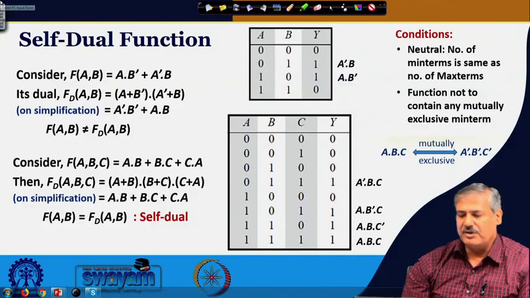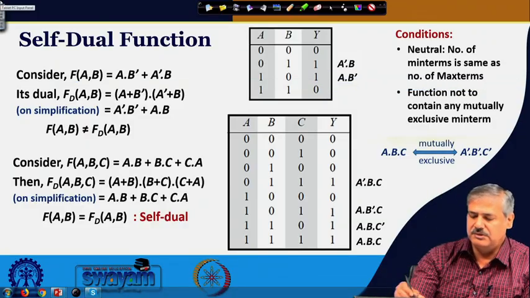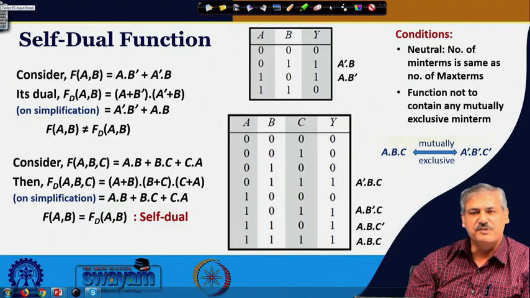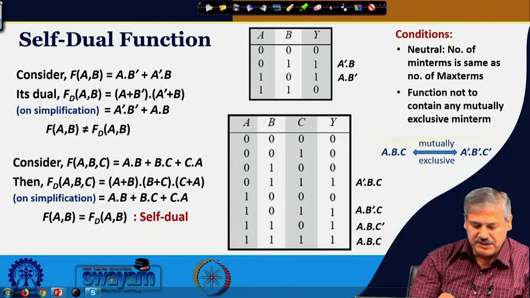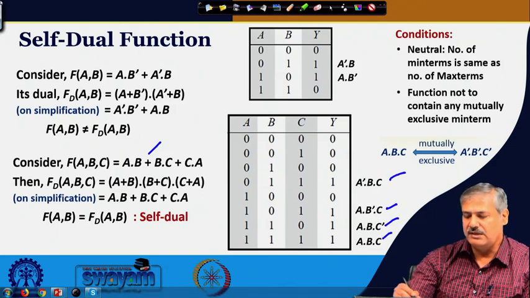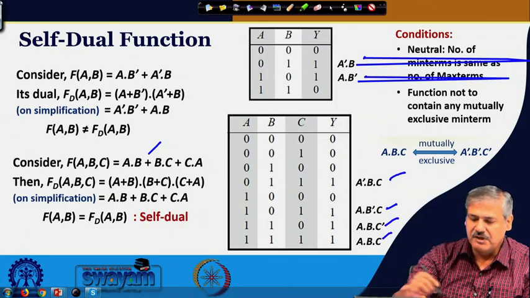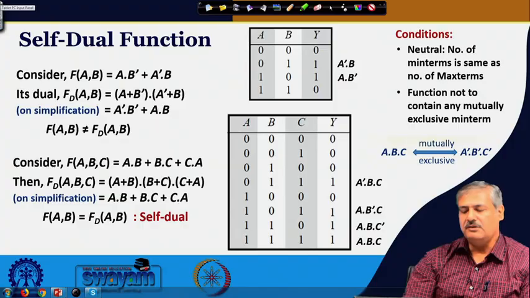Anyway, these are the two min terms that are there, and if you expand this particular case, the corresponding min terms are A prime B C, A B prime C, A B C prime and A B C. In this case, A prime B and A B prime.